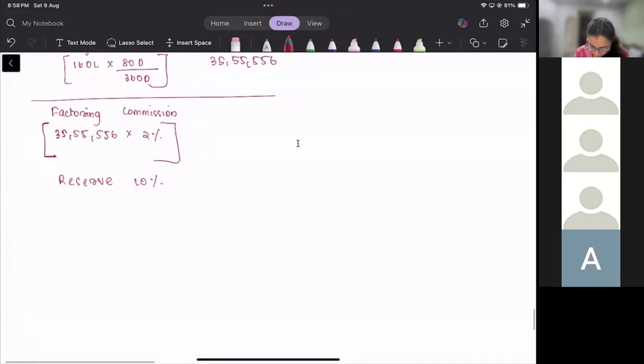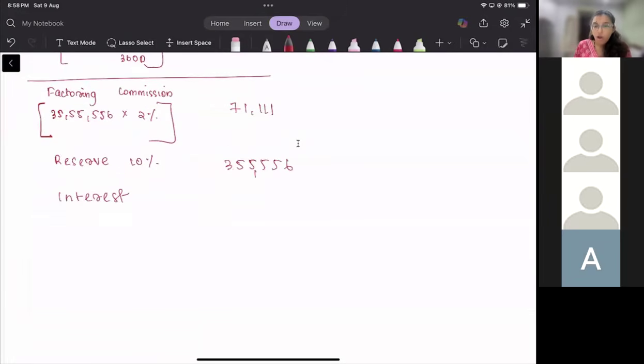So that you will have to find out. And then there is also an interest. Here, first you find out this figure, you will get it as 71,111 and this one will be 35,556. Now, when you are computing the interest, on what should you actually compute the interest? On what fund you are actually giving to them, on that only you have to compute the interest.